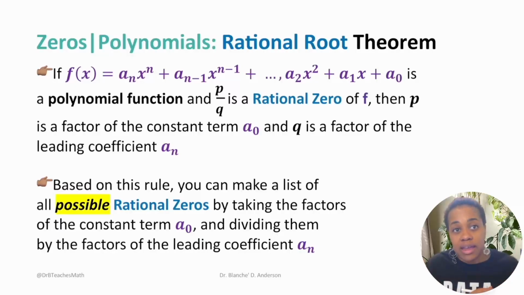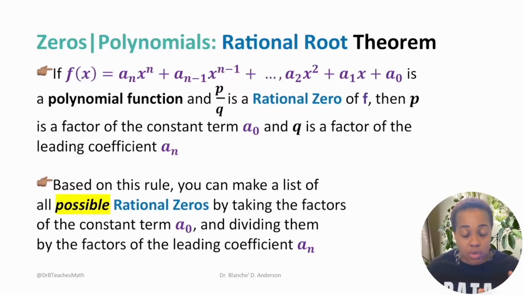Then the numbers for p are going to be the factors of the constant, and the numbers for q are going to be the factors of the leading coefficient. Remember, the leading coefficient is the number tied to the leading term, which is the term with the highest power. And your constant is going to be at the end. It's not tied to any specific variable.